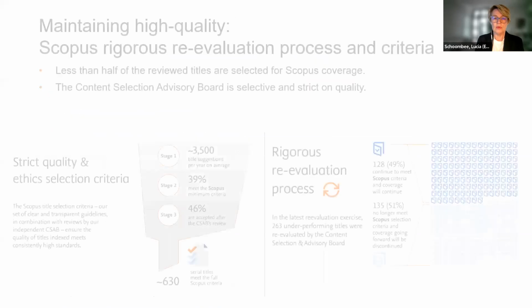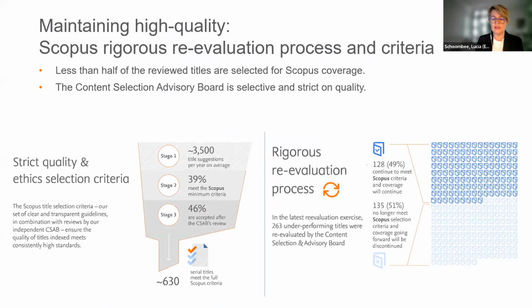So all the content that we have in Scopus goes through an evaluation process. So the journal editor would contact Scopus. They would present their journal to Scopus, and the Scopus team will do just a brief evaluation to check whether the journal is peer-reviewed, whether it has English abstracts, whether it's available online.